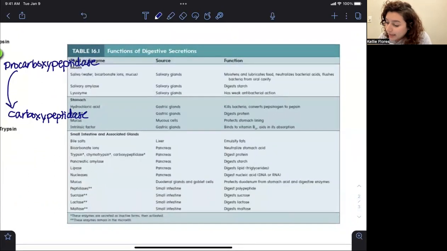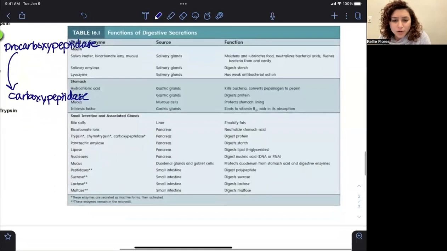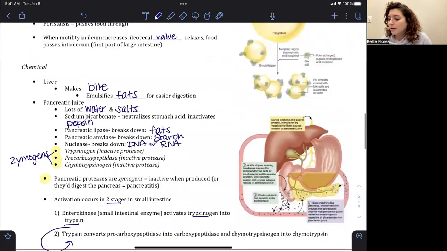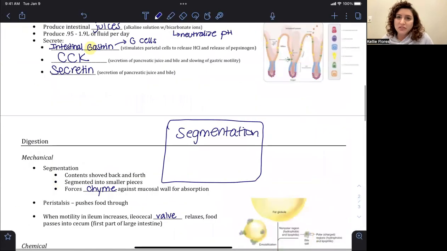Some of these enzymes in this region, we call them brush border enzymes because they're pretty much hanging out on the microvilli. Okay, for the most part. And then I think we're missing one. I think we can leave secretin out of this, but we'll just stick with this list so far, and I'll help you make a list of all the enzymes you need to know for the exam.